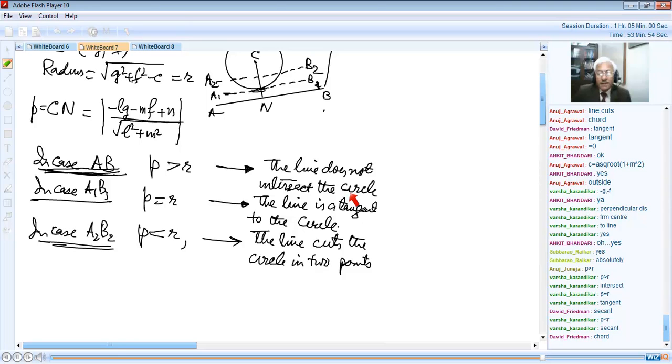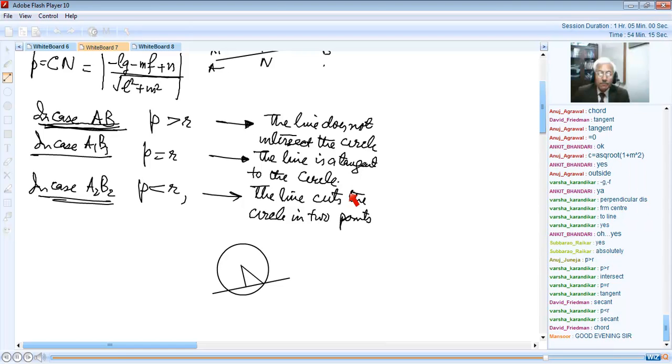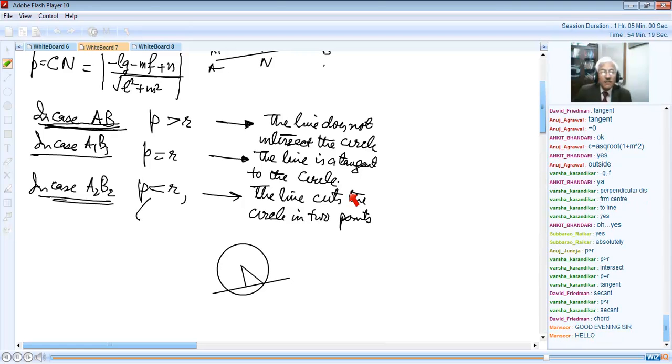Now, another point that I want to do over here. See what I am doing here. Suppose the line cuts the circle, when P is less than R. P is this, R is this, and this is AB.